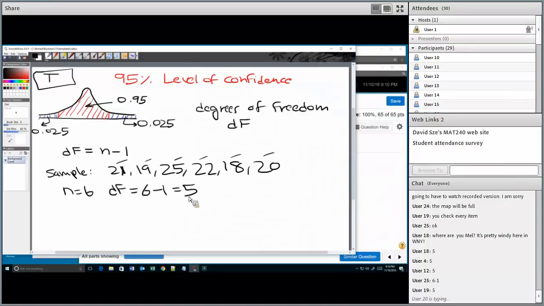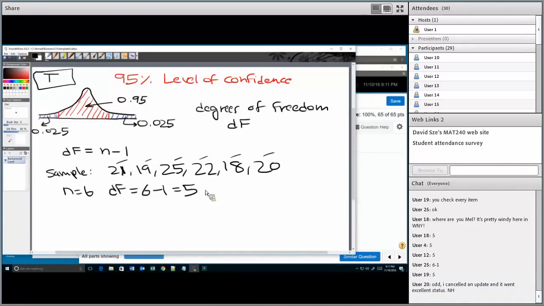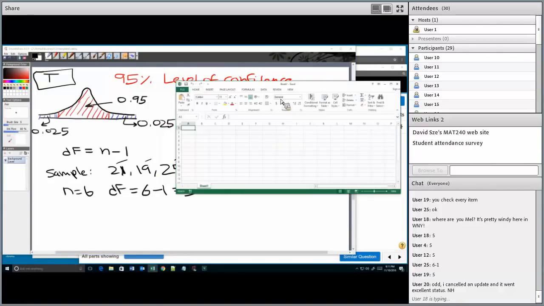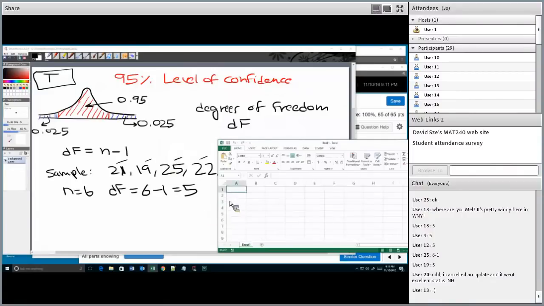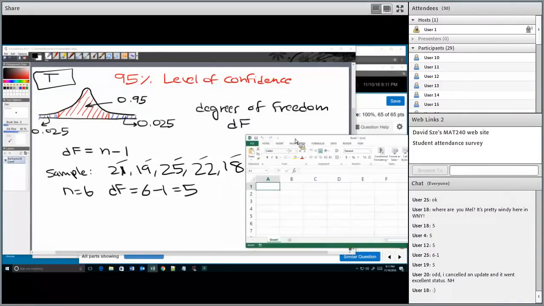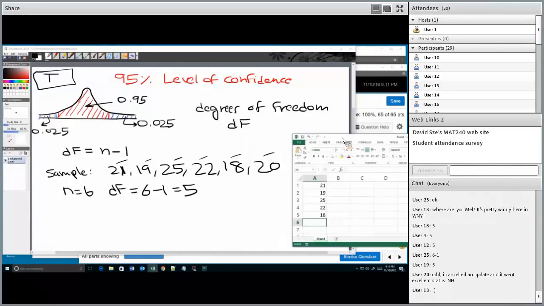But what is degrees of freedom? Well, whenever we calculate anything on the t distribution for mean, for average, notice that when I calculate the average for this data set, let me calculate it. So I have 21, 19, 25, 22, 18, and 20. This is Excel.